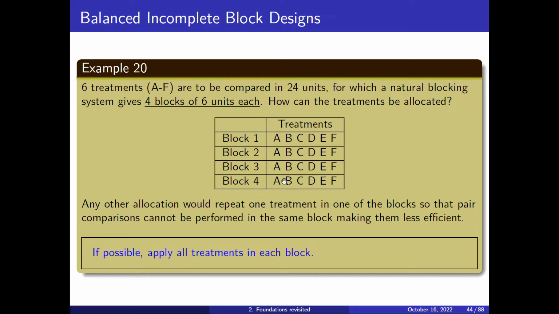So if it is possible, you should apply all treatments to all blocks, because that is the best way. It simplifies, we have seen it with the matrix being orthogonal, it simplifies the analysis. You can do it by hand, not only with a computer, and also it is balanced. All comparisons have the same variability, and so on. And this is balanced because you see all treatments appear the same number of times and all pairs appear the same number of times. So if possible, this is what you should aim for.